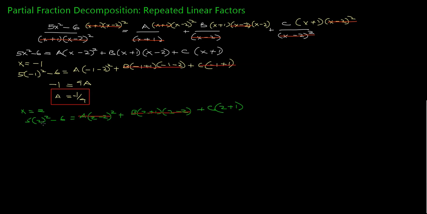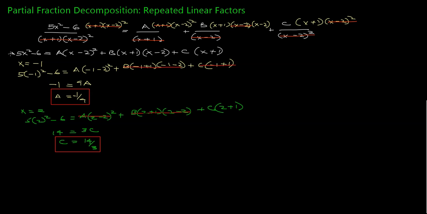So 2 squared is 4 multiplied by 5 is 20. 20 minus 6 is 14, equal to 3c. Therefore c is equal to 14 over 3. That's great. Mark it up. That's our solution.